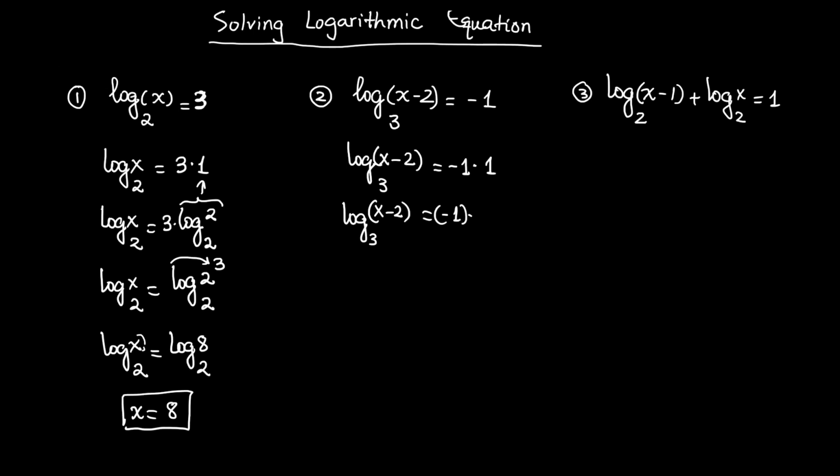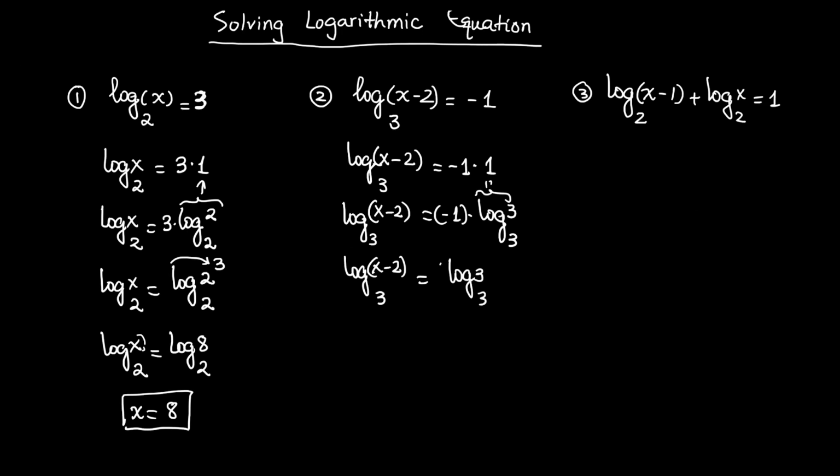What is 1? 1 is log of a base a. I want a log of base 3, so here I also have to have 3 so that it gives me 1. Then I have log base 3 of x minus 2 has to be equal to log base 3 of 3.